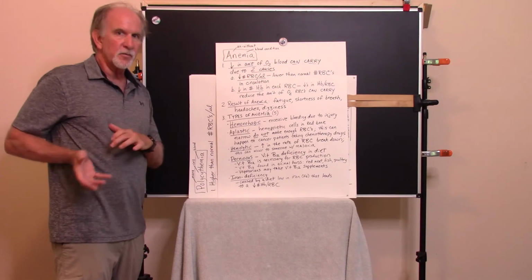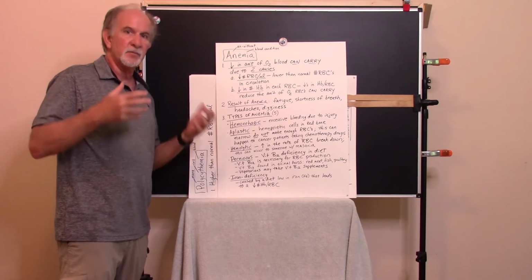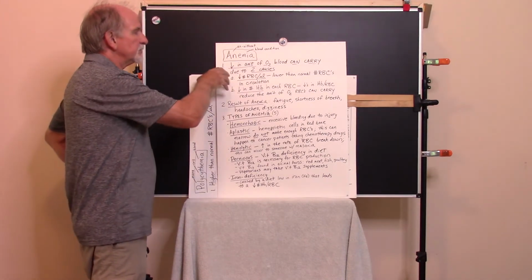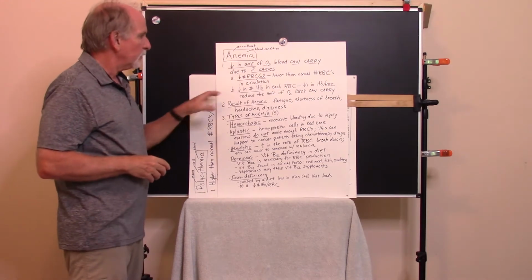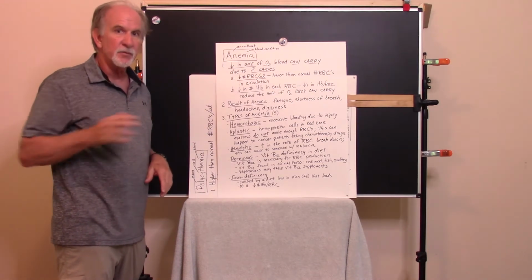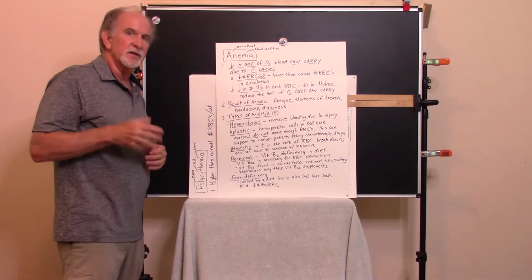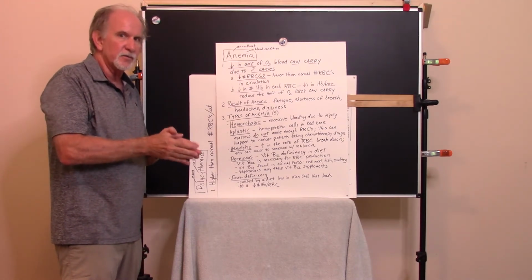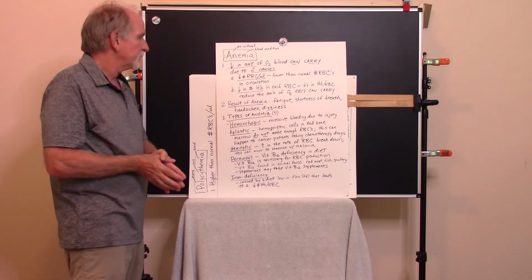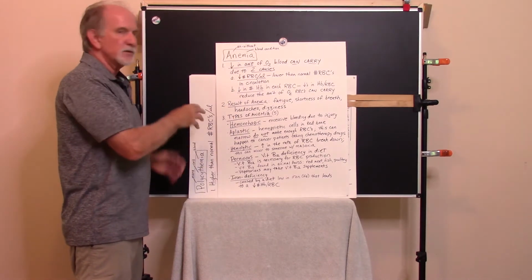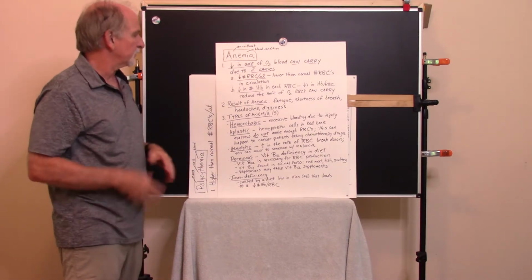And that is due to a couple of reasons. One, there may be a decrease in the number of red cells, and the other reason, there could be a decrease in the number of hemoglobin molecules in each red blood cell. So either of these conditions will result in anemia.